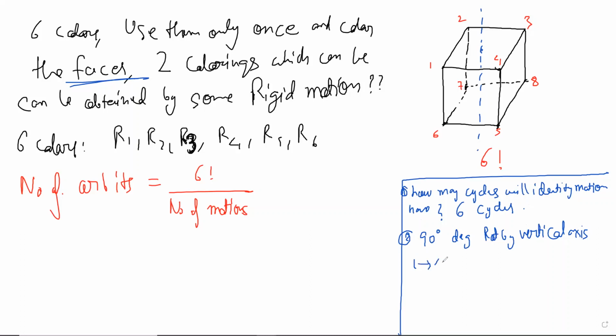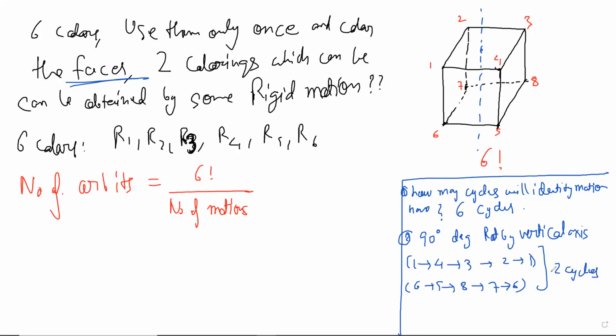It's sending 1 to 4, 4 to 3, 3 to 2, 2 to 1. Right? So we already get a cycle of size 4. And the second one would be 6 to 5, 5 to 8, 8 to 7, and 7 back to 6. So it has 2 cycles.